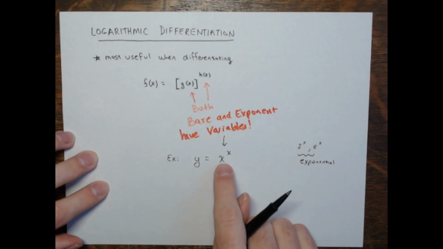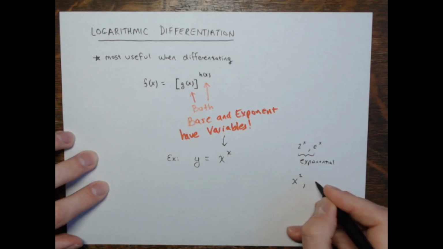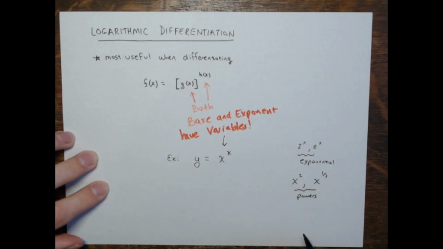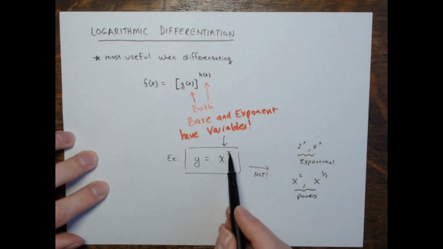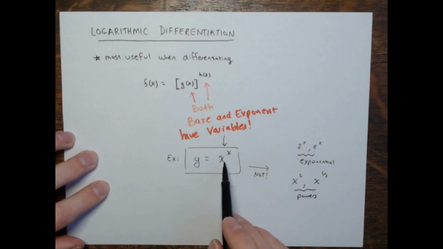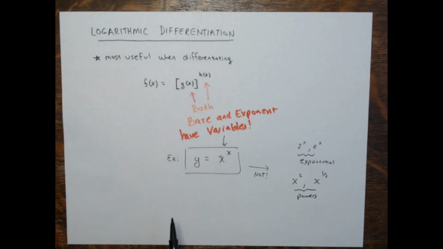A power rule had a variable base to a number power, like x squared or x to the 1/3. So I can't just apply the power rule or do the same thing we did with exponentials for something like this, where you have a variable base to a variable power.